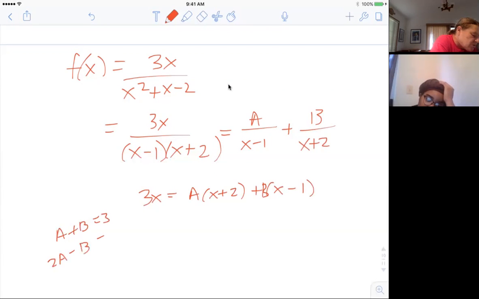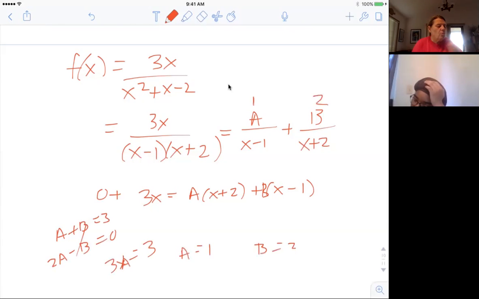The B's drop out, I get 3A equals 3, which means A is 1. If A is 1, B's got to be 2. So what's your question? Did I do it right here?